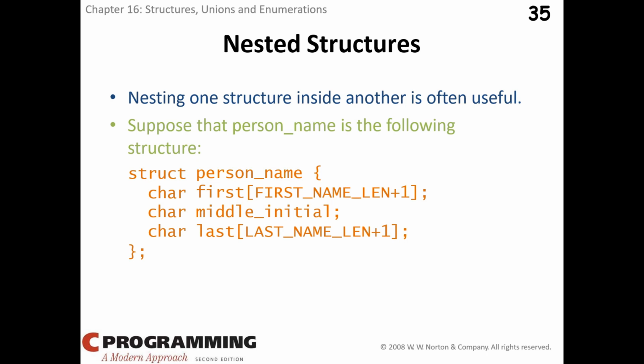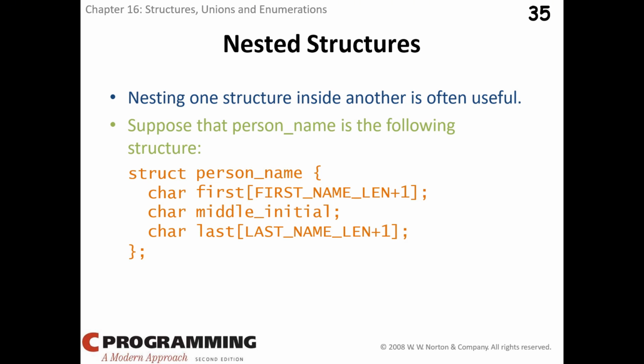Now here we have the example of a person name structure, and we have 3 members for the structure: the first name, the middle initial, and the last name, and each member stores a specific part of a person's name.